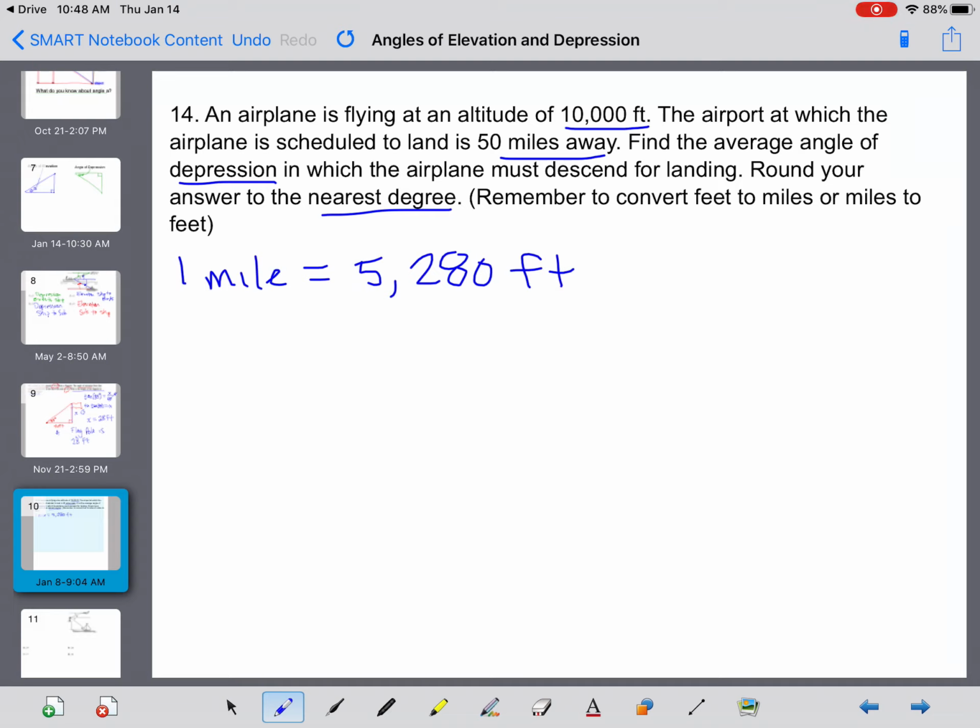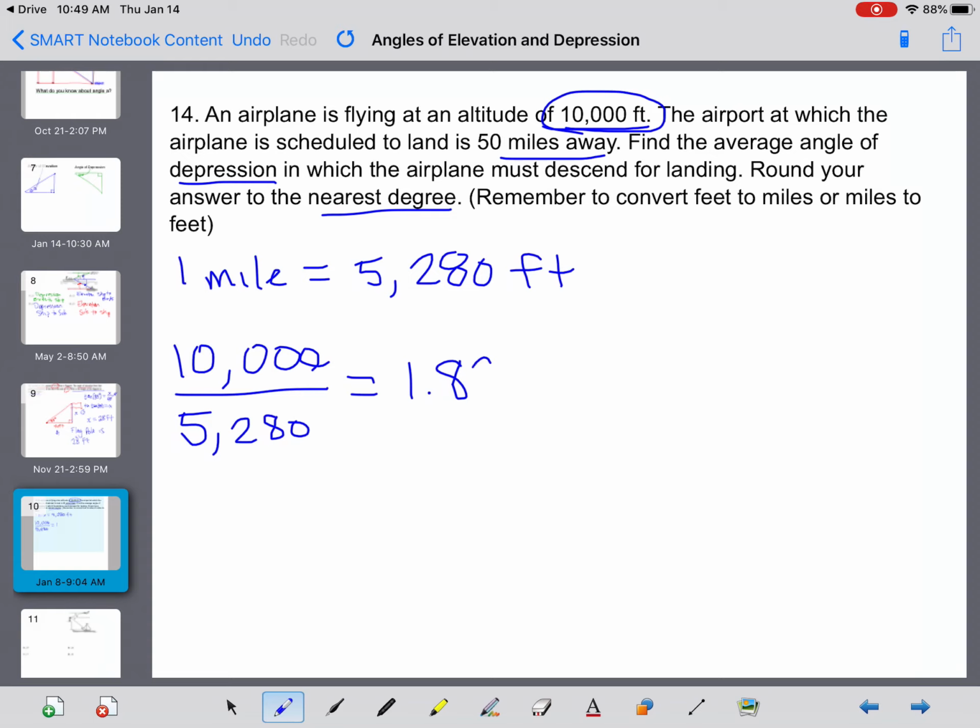So if we wanted to convert the 10,000 feet into miles, it will help us deal with smaller numbers. If we have 10,000 feet, how many miles would that be? Well, we would take our 10,000 feet, and how many times can we divide 5,280? So 10,000 divided by 5,280, we would get 1.89 miles.